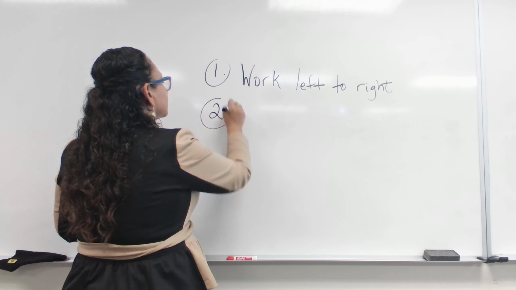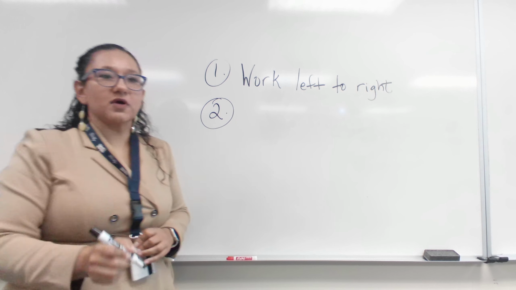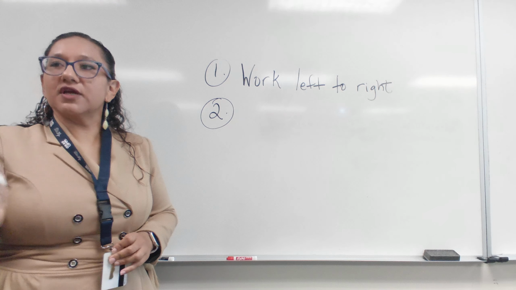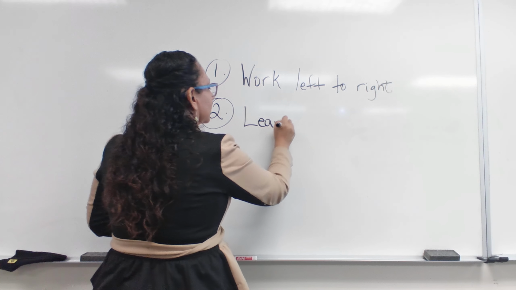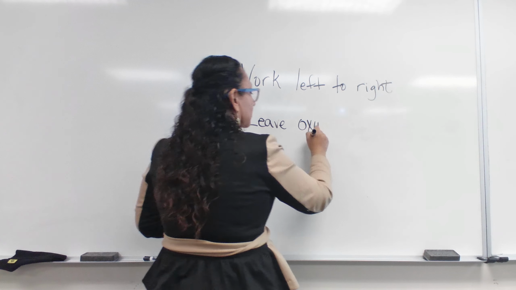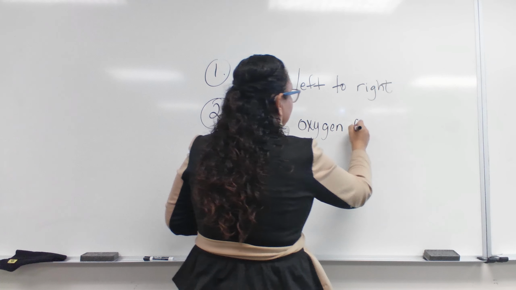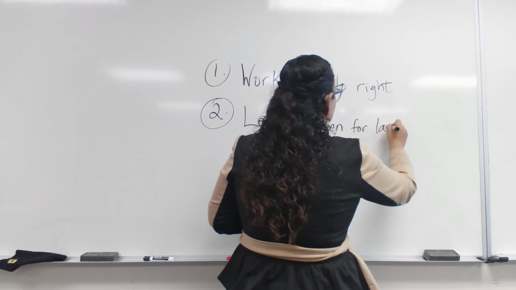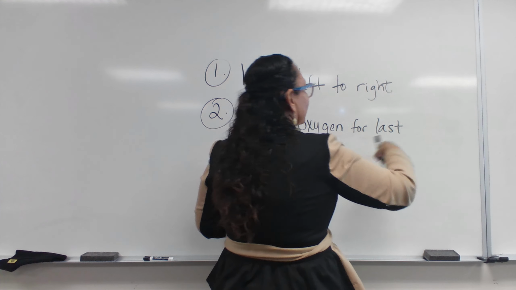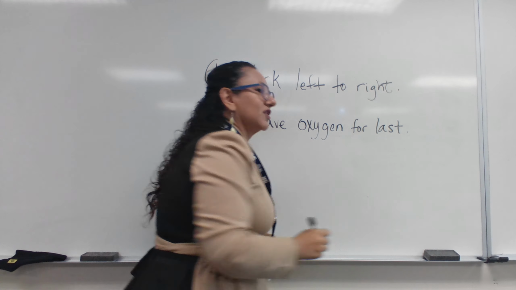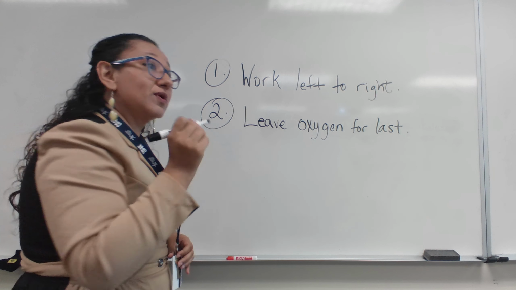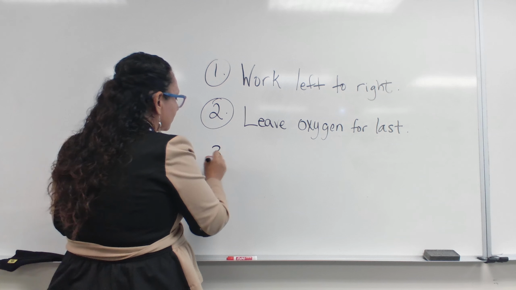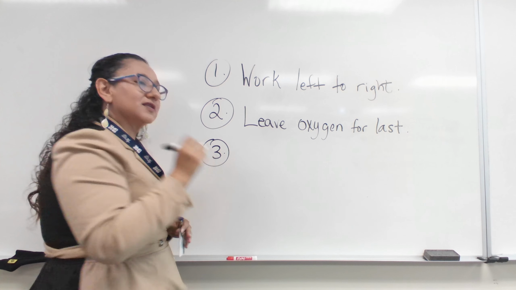Rule number two, and this is a huge one, because this is the one that will get you in trouble every time: I always leave oxygen for last. Always. Even if it's the one way on the left. I will always balance everything before I tackle oxygen. Oxygen always gets in the way. The third one's probably not going to make sense until I explain it.